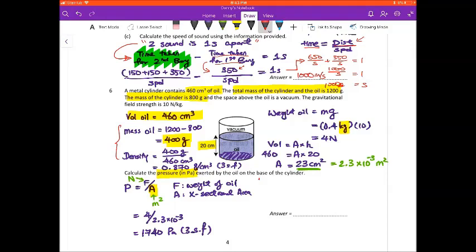And some of you may ask me, teacher, in that case, why do you show me all this funny thing? Well, because some of you in your class want to use the other formula, P equals rho g h. You can do it, but remember your rho is kilogram per meter cube and your height is in meter as well. So if you sub it in, you need to change your 0.870 gram per cm cube into kilogram per meter cube.